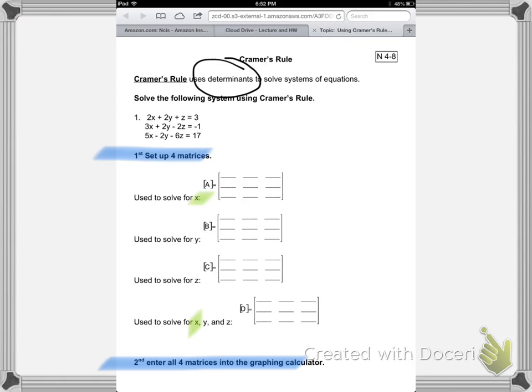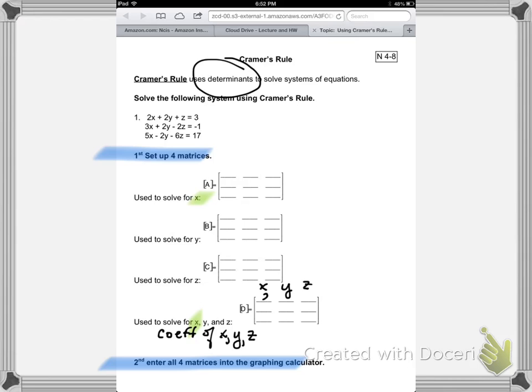So in matrix D, we're going to put the coefficients of X, Y, and Z. So looking up at the 3 equations that you're given, you're going to put the coefficients for X in the first column, the coefficients for Y in the second column, and the coefficients for Z in the third column.